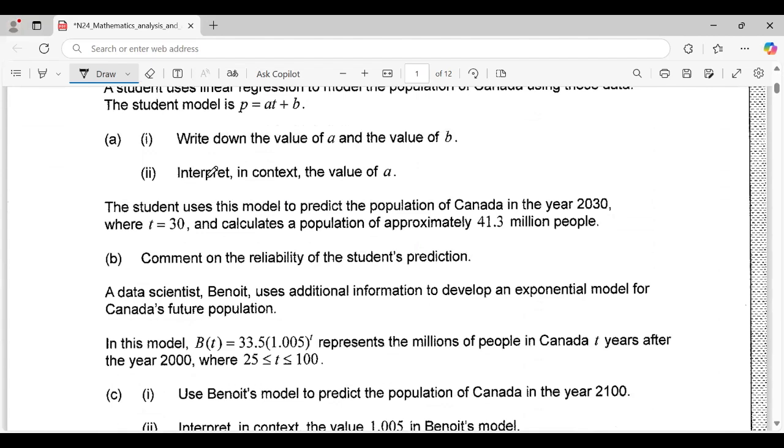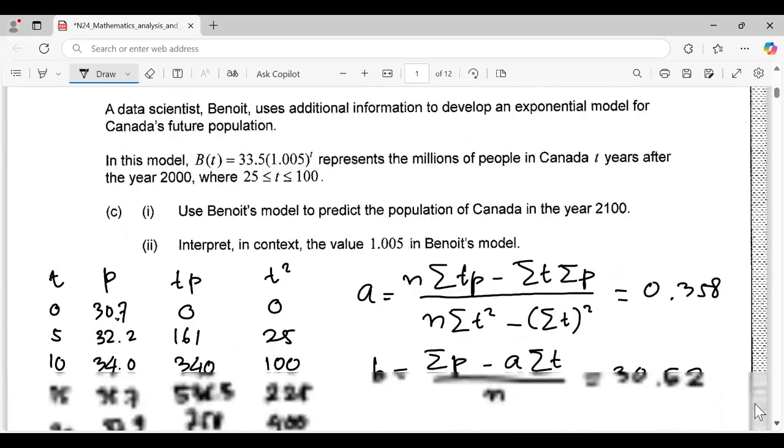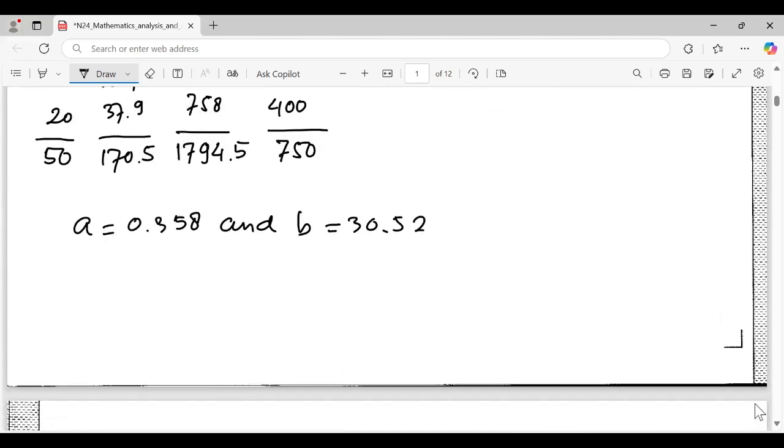Interpret in context the value of A. Oh, this is part one, this is part two. Okay.